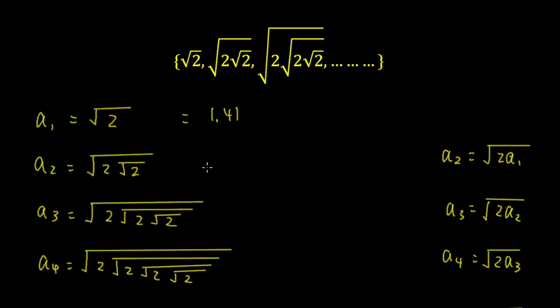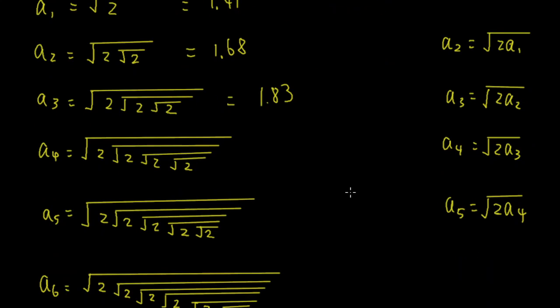So this is rounding. a of 2 is approximately equal to 1.68. a of 3 is approximately equal to 1.83. a of 4 is approximately equal to 1.92. a of 5 is approximately equal to 1.96.